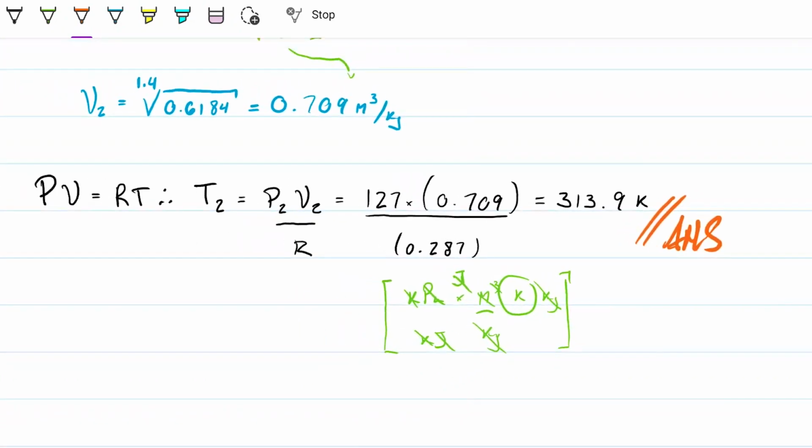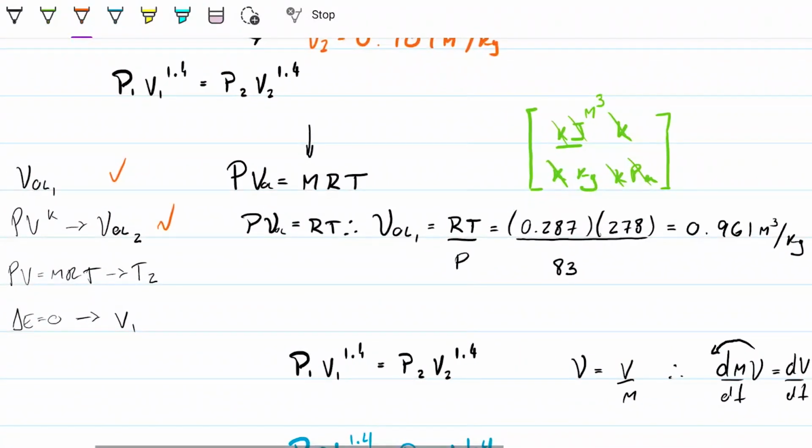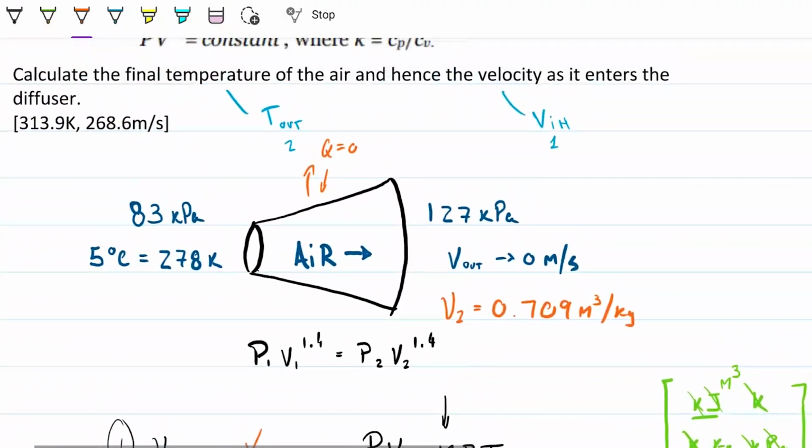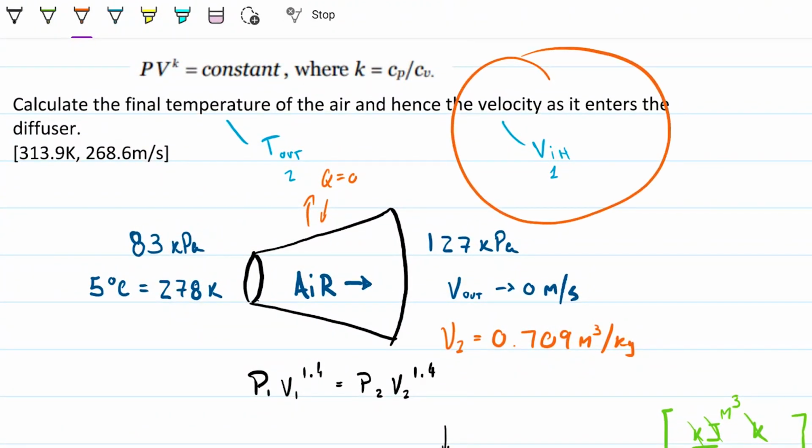Okay, so now we have got one of the things we're looking for. The other thing we look for is the velocity of the inlet. And for this, what we want to do is a mass balance, right, with the control volume.